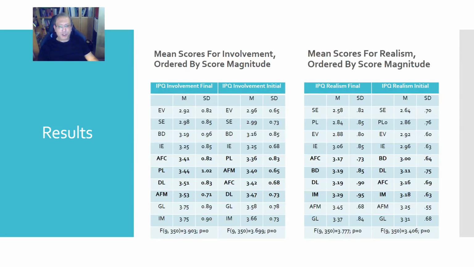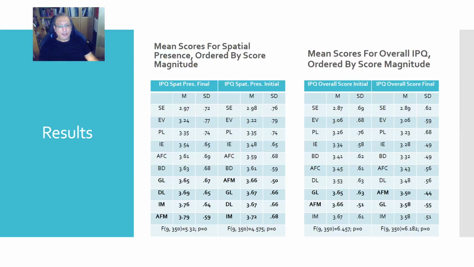Well, for spatial presence, it's a little bit different. The first 4 games are the same games, but their order is different for the spatial presence score between the 14 and 11-item versions. And here also there is a significant difference between the mean scores of the games.